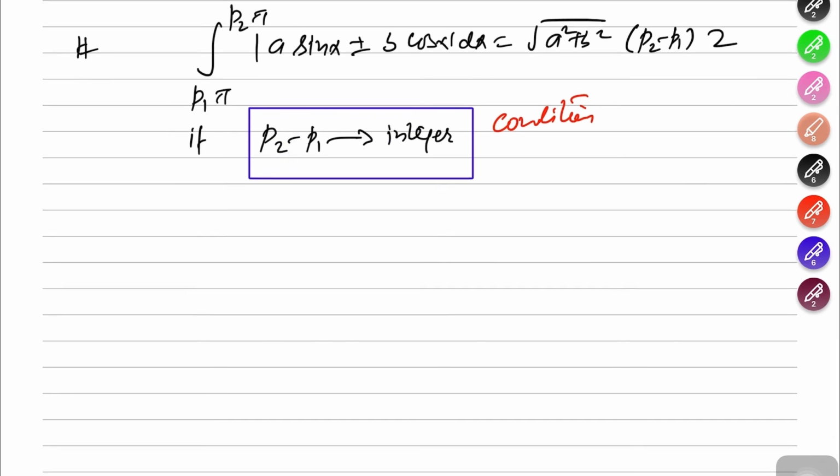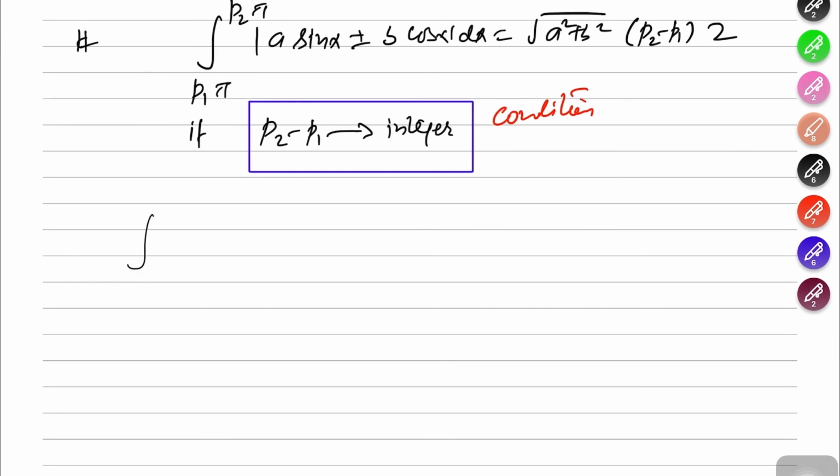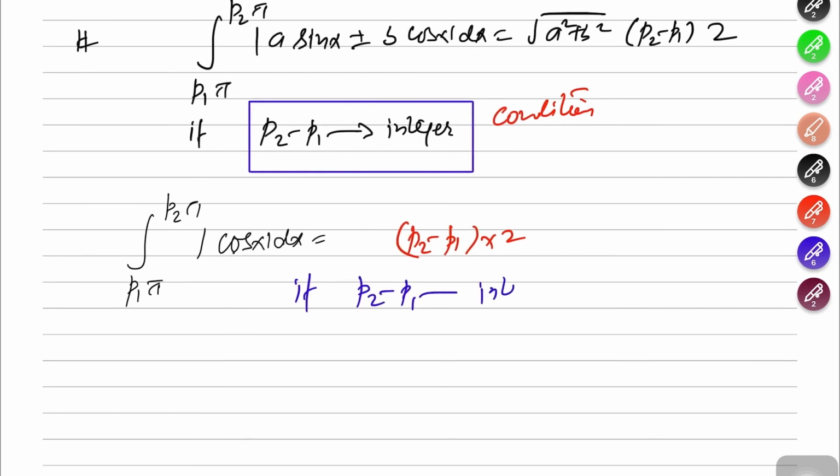But if p2 minus p1 is an integer, we can solve this problem. Similarly the same with this also: the integral from p1 pi to p2 pi of |cos x| dx is equal to (p2 minus p1) into 2, only if the condition holds that p2 minus p1 is an integer.